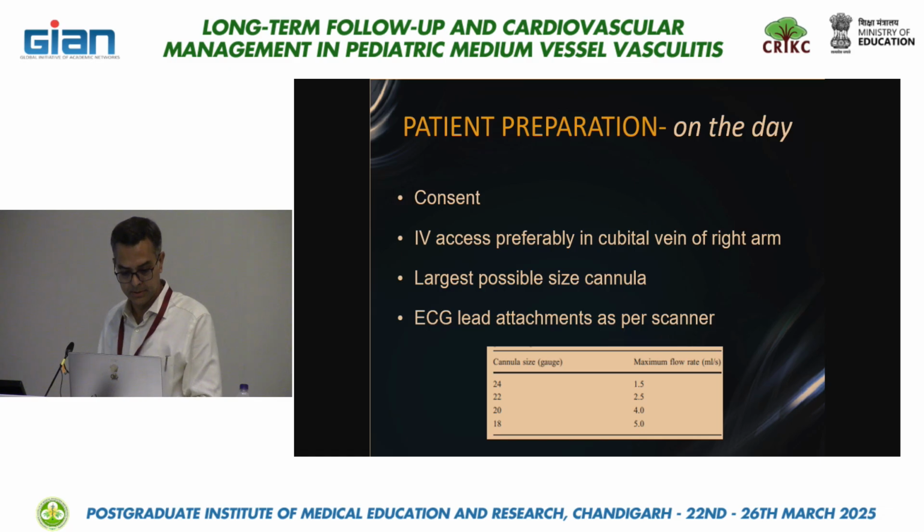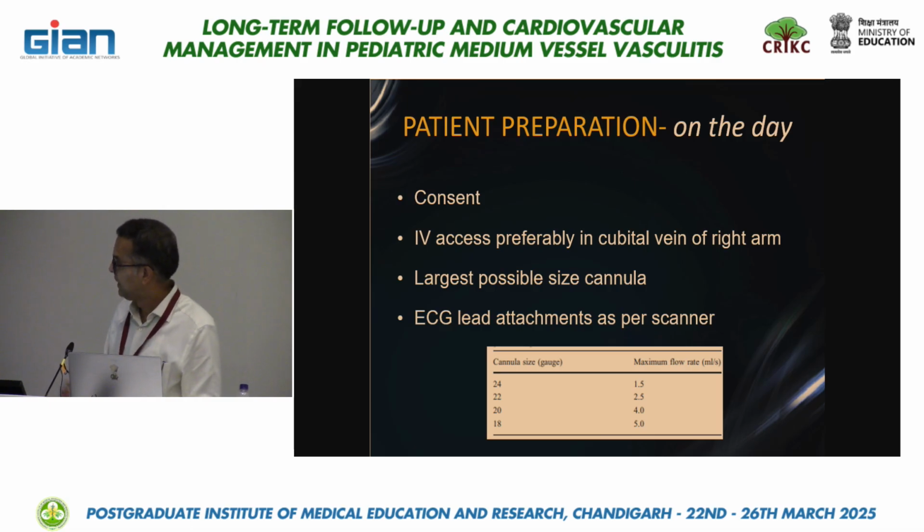However, in small kids, it's difficult to get access. So with any access these days, with the recent machines, the scan can be performed with some changes in the parameters. What type of cannula? Because the volume and the rate depend on it. A larger cannula is better because we need to give a higher flow rate.